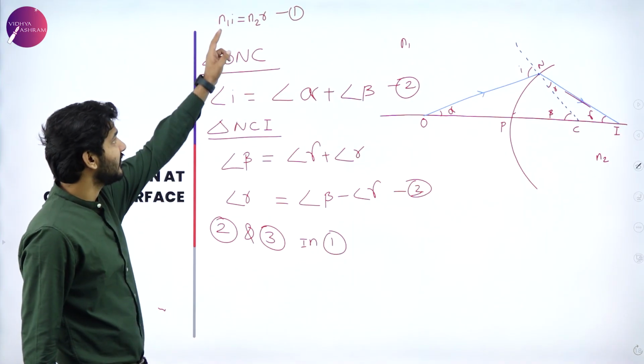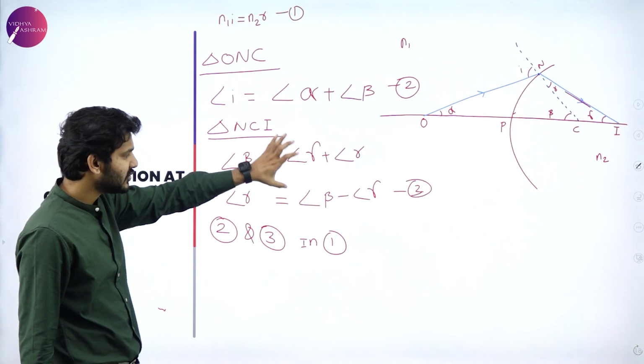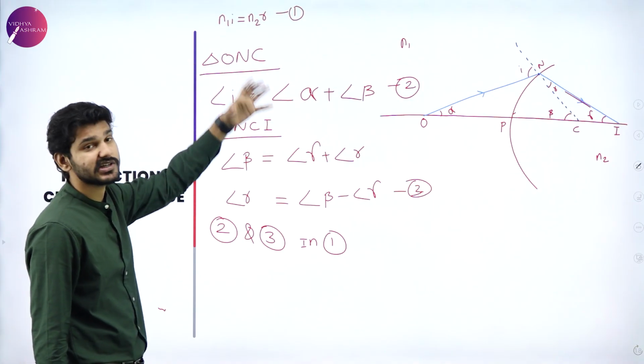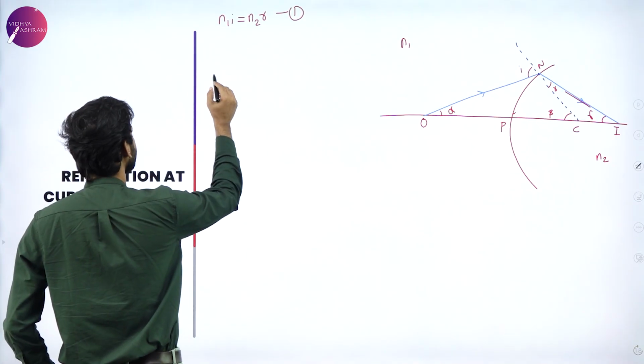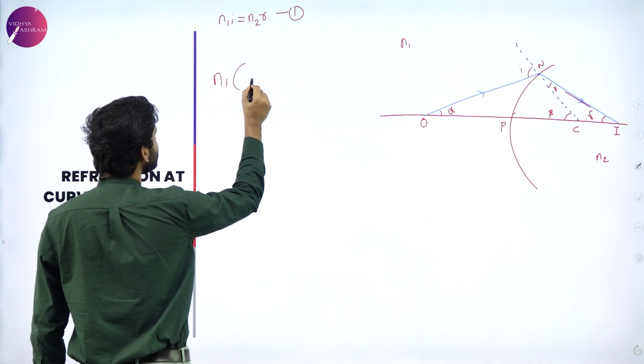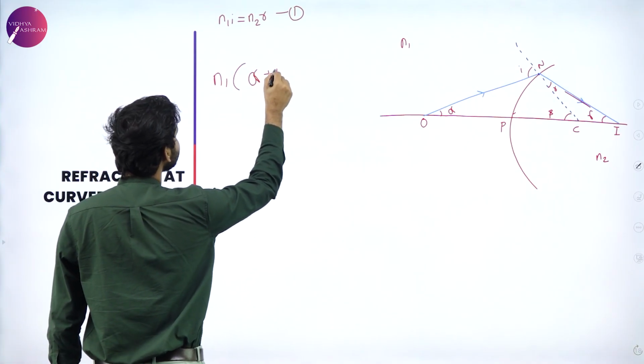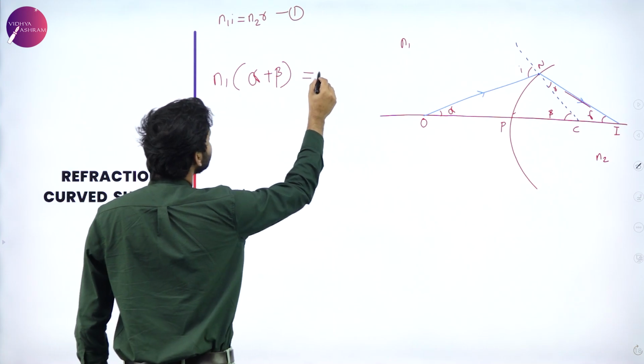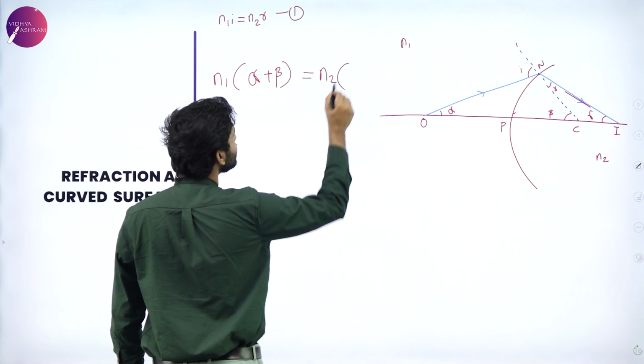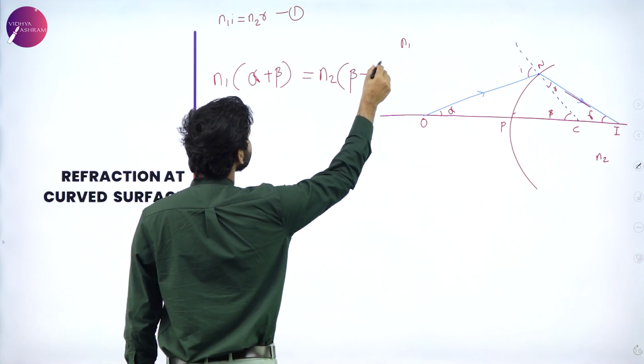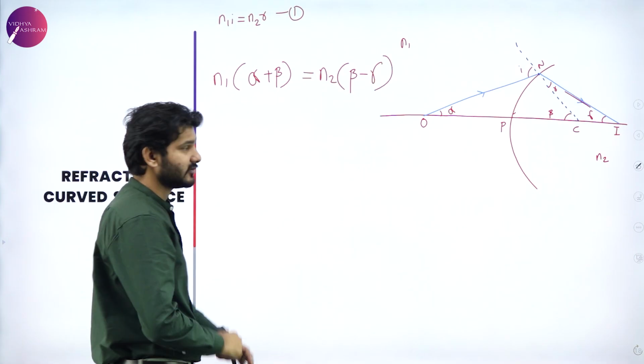We have equation number 1 here. We are going to substitute these results into equation number 1. Then I can write N1 into alpha plus beta is equal to N2 into beta minus gamma, right?